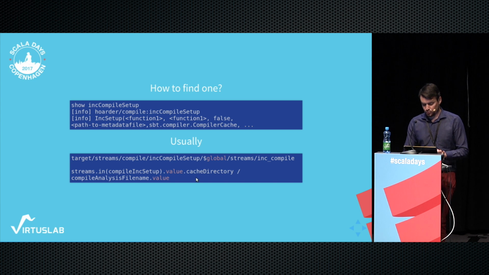Quite interesting information can be found there, for example which classes come from which source, or which library is used where. If you want to do that in some kind of tool, you can do that by accessing the cache directory in the incCompileSetup task, and the file there is controlled by the compileAnalysisFilename setting.